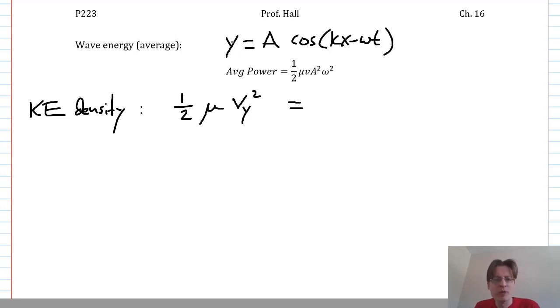Vy is the derivative of y with respect to time, and it pulls out our factor of omega, like we've seen before. So I get 1/2 mu times omega squared from squaring the speed, times A squared, times sine squared of (kx minus omega t).